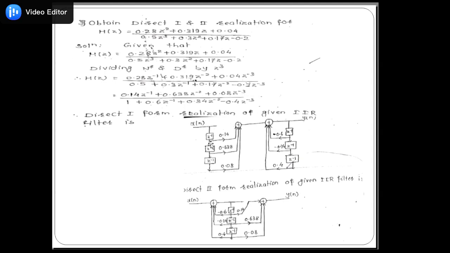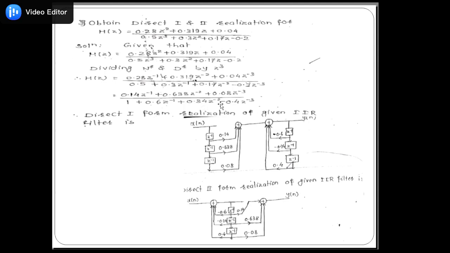X of n is multiplied with the delay version of 0.014, then delay by 2 samples multiplied with this, delay by 3 samples multiplied with this, then y of n is your output divided by input. Y of n is multiplied with the denominator, that's why the multiplier is 1, then 0.6 delay by 1 sample, that sign will change.